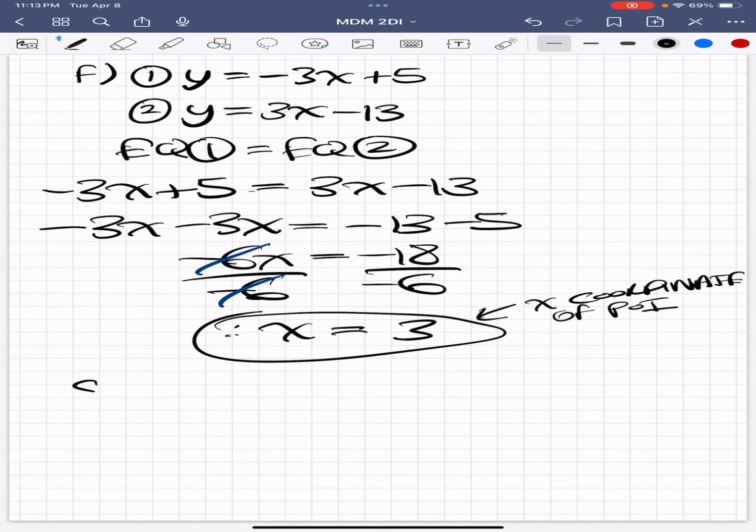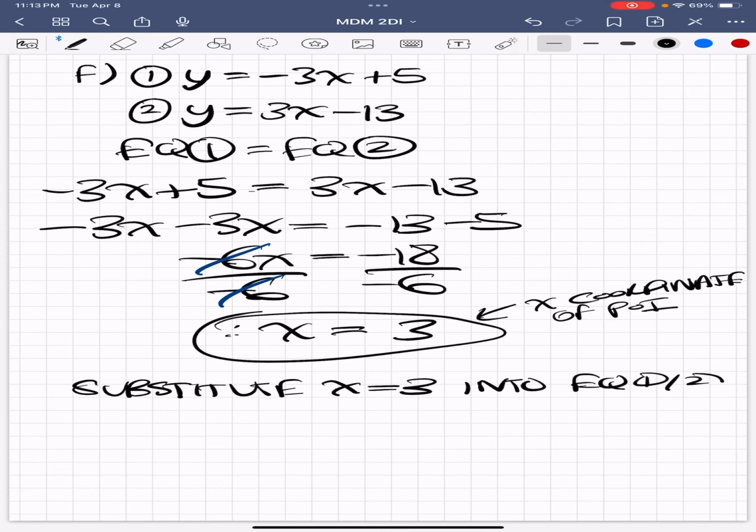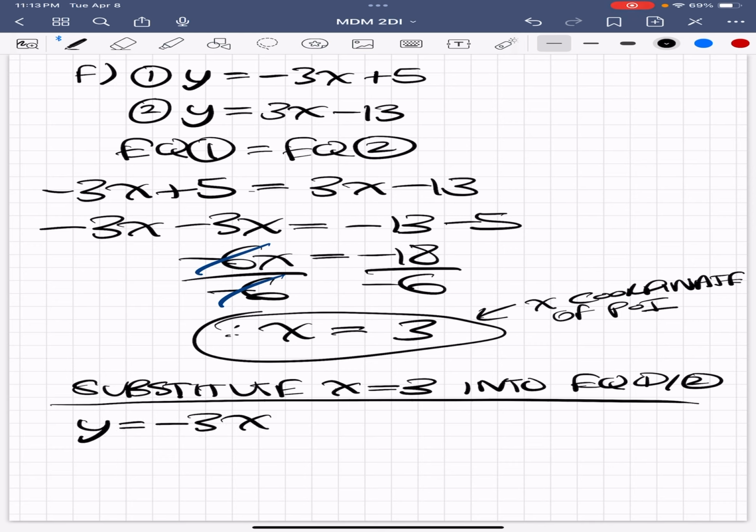And then we substitute x equals 3 into equations 1 or 2. So we have y equals negative 3x plus 5.